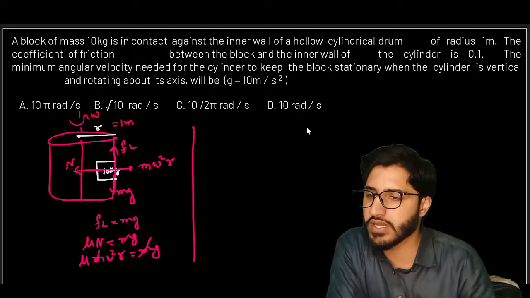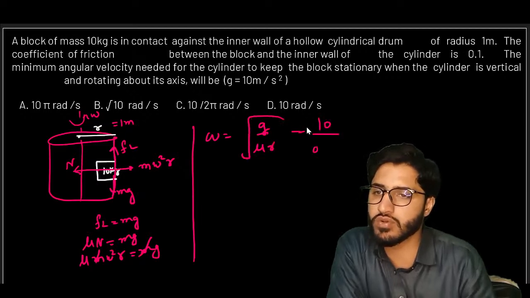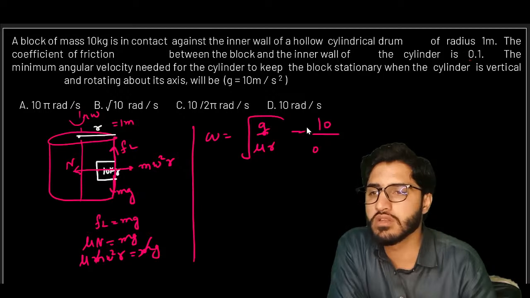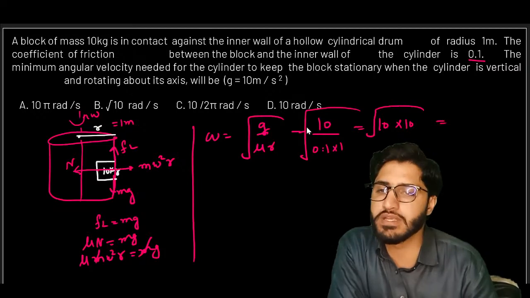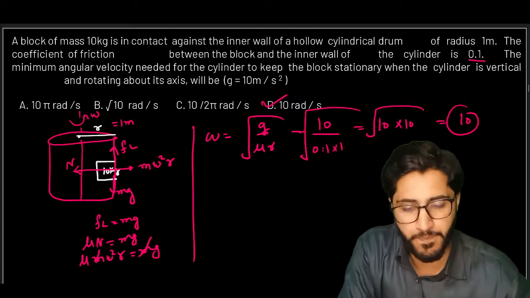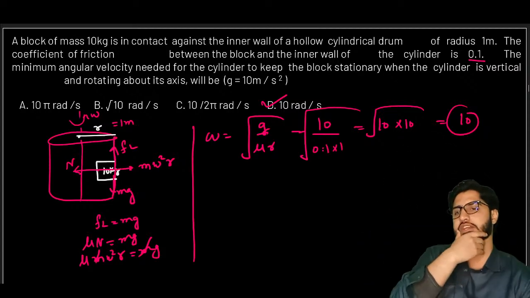Cancel out. So can I write omega came out to be root of g divided by mu r. g is 10, mu is 0.1, r is going to be 1, root. So it would be equal to 10. The answer will be 10, so it is 10 only. This is D, 10 radian per second. Easy? 10 radian per second. Okay.